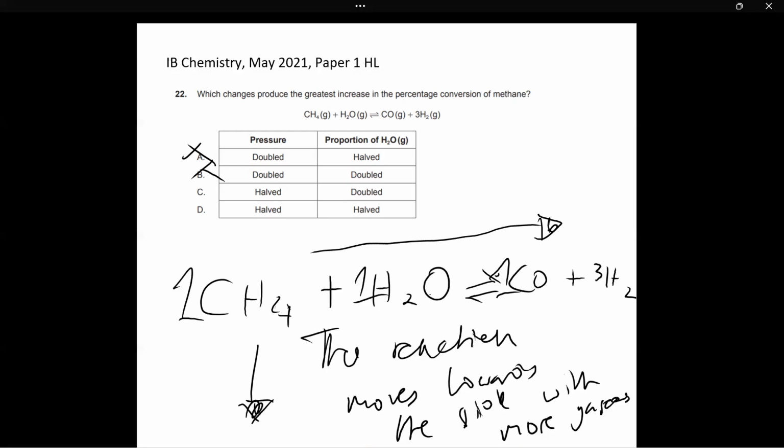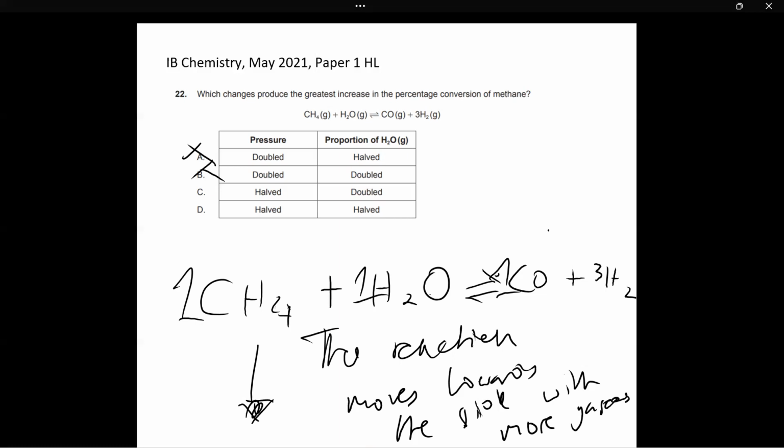And the second way you could think about it is that if you add more H2O, it can react with methane. That means methane will become the limiting reactant, if that makes sense. H2O can become the reactant in excess if you add more H2O. And you can ensure that all of your methane is reacting with your H2O and it is going towards the production of the products.